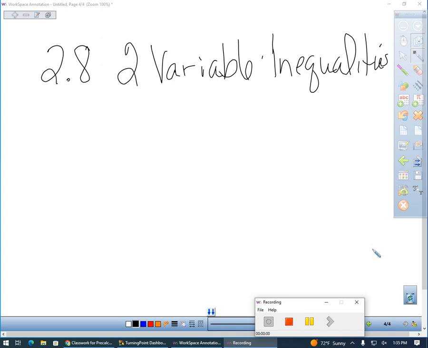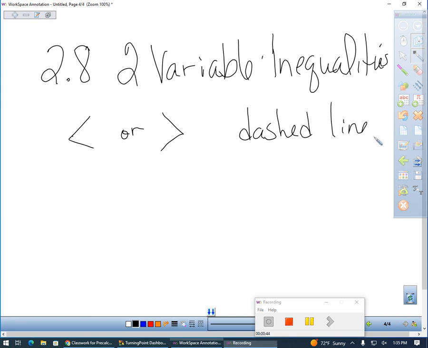So here's what I want to tell you about first. If you have a less than sign or a greater than sign, when you graph, your line is going to be dashed. If you have less than or equal to or greater than or equal to, then you have a solid line when you graph.